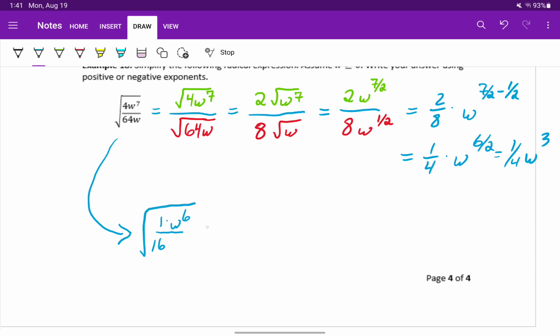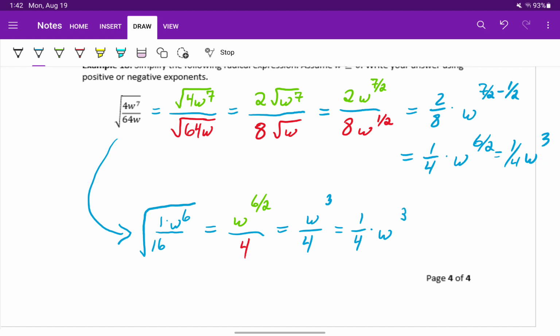Now we'll come through and apply that square root, which will give us in the numerator w to the 6/2, and in the denominator the square root of 16, or 4. And then we can reduce what we have in the numerator to be w cubed over 4, which is the same thing, just written a little bit differently than as 1/4 times w cubed.